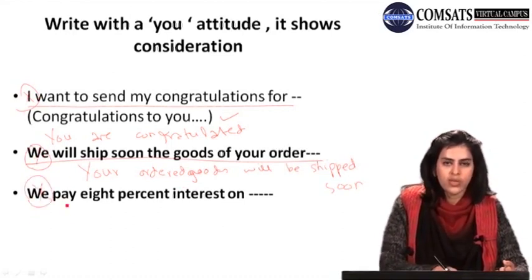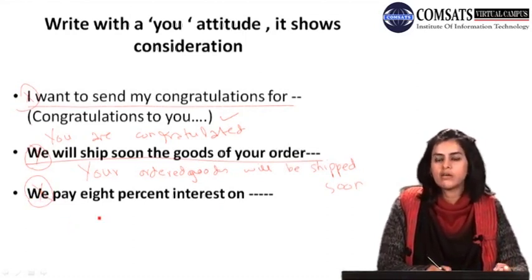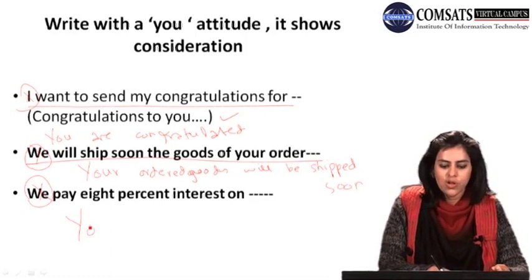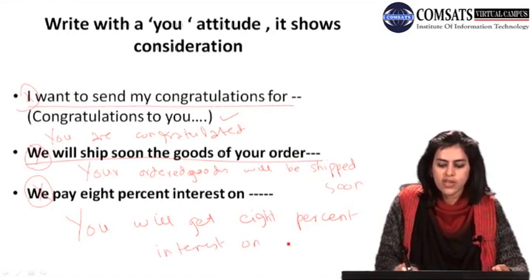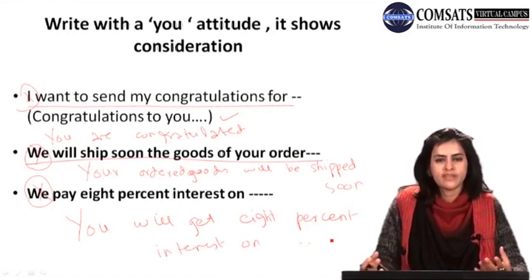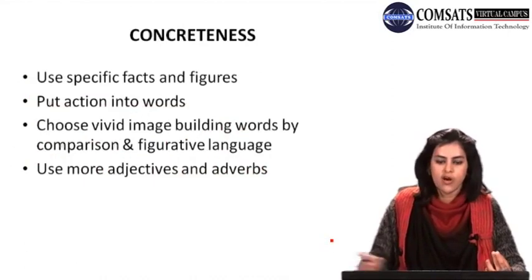Now cross out this "we" and try to see how you are going to rewrite, or verbally communicate this sentence to your audience. How? Yes, you are right. "You will get 8% interest on." So this is how you can look for consideration while conveying your messages to your audiences.